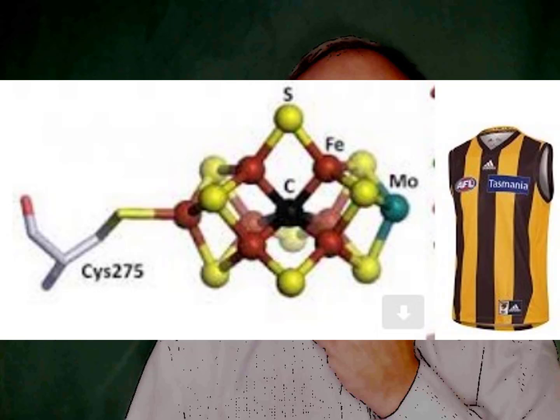Normally, what you get in life is an organic compound with a little bit of inorganicness on one of the side chains on one of the amino acids.